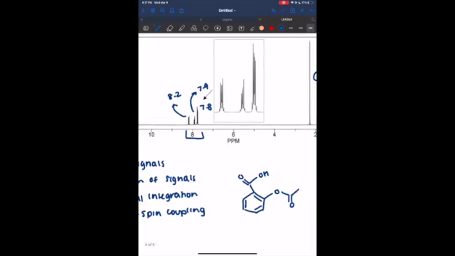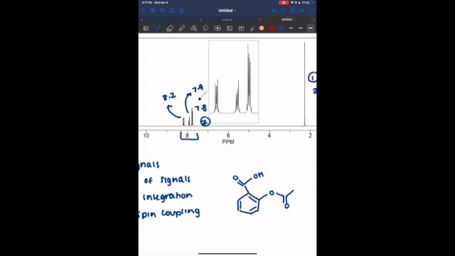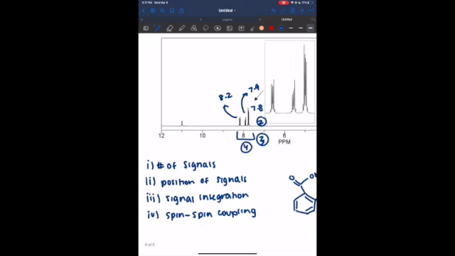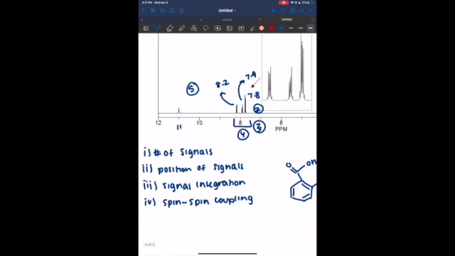And again, that is going to be signal number 2, signal number 3, and signal number 4. Lastly, we're going to have this one last signal at 5. It is at 11, which is a characteristic of a carboxylic acid.